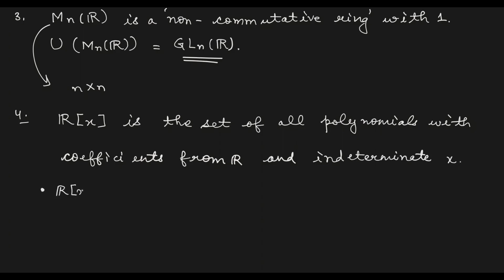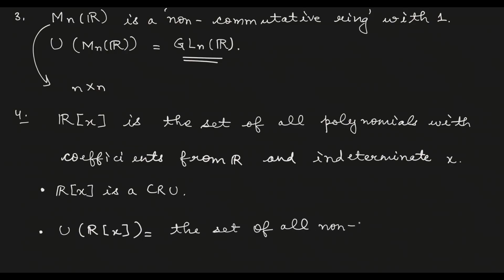R[x] is a commutative ring with unity, and here units of R[x] will be the set of all non-zero constant polynomials.